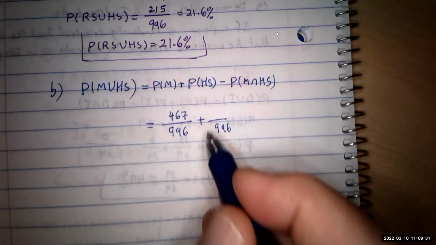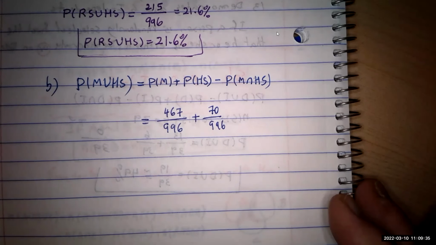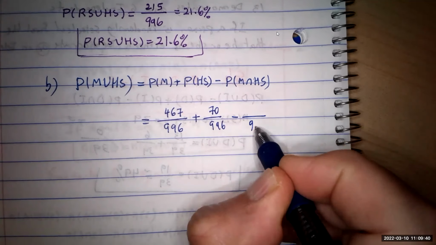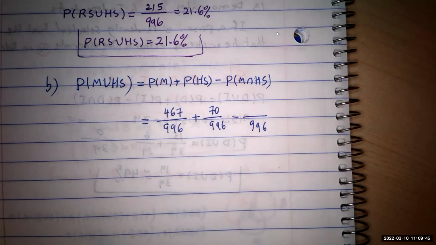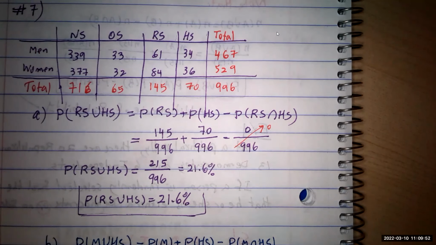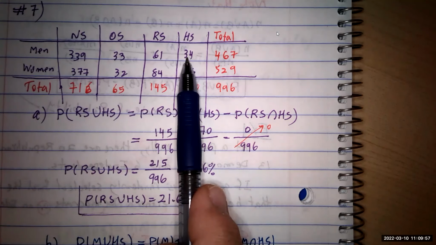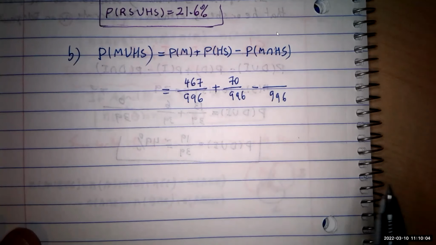So that gives you 70 out of 996. Minus the next category: you want the person who is a man and at the same time a heavy smoker. Man, heavy smoker, 34.